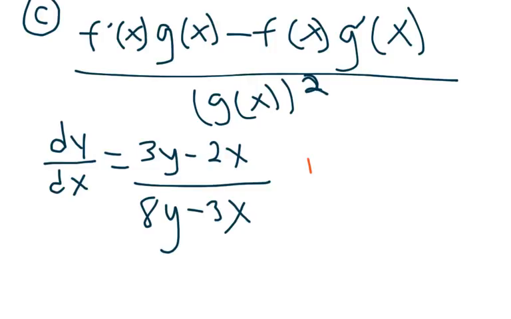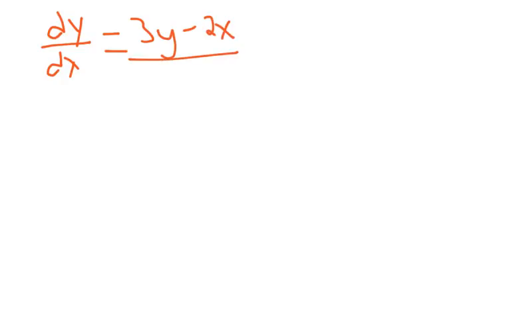This part is f of x, and the denominator is g of x. To recall, this is the slope, dy over dx equals 3y minus 2x over 8y minus 3x.